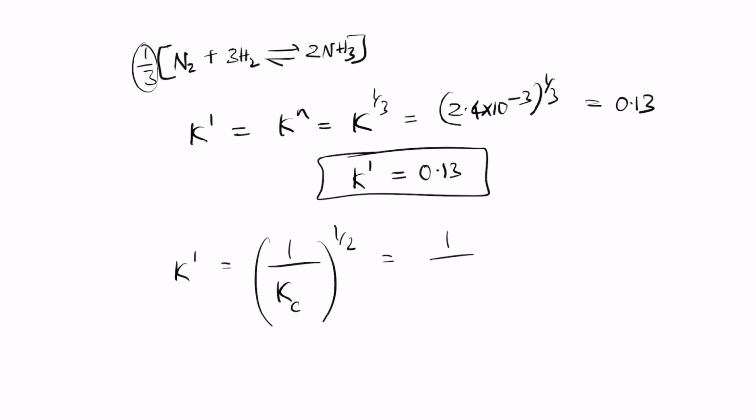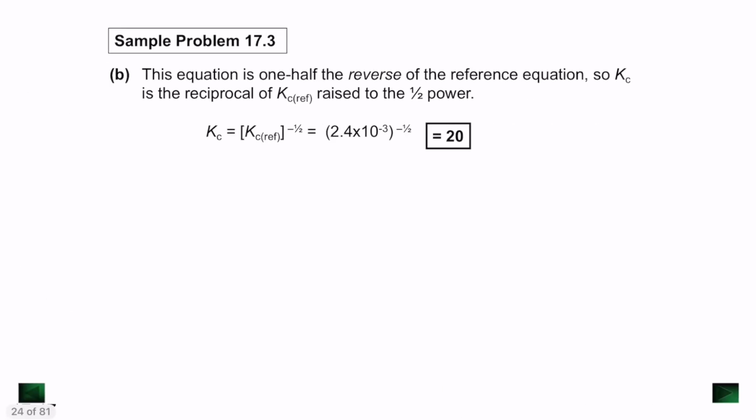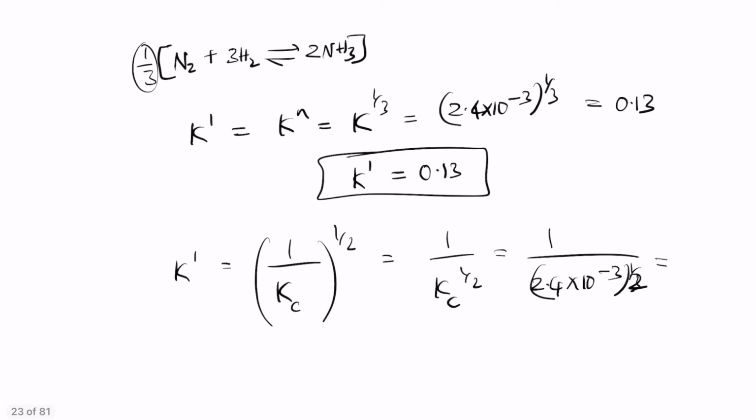So 1 over Kc to the power 1 by 2. That becomes 1 over (2.4 times 10 to the power negative 3) to the power 1 by 2. That gives you a value of 20. So K dash becomes 20 for the reaction B.